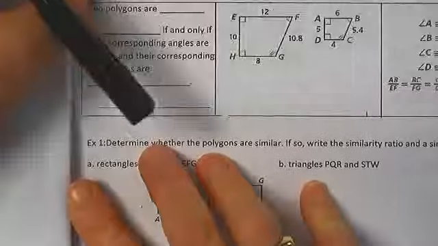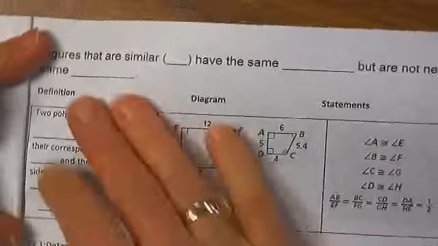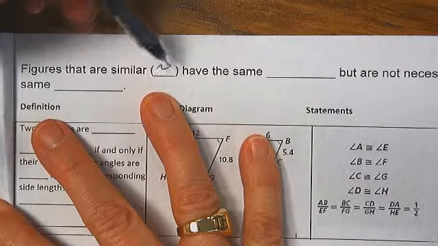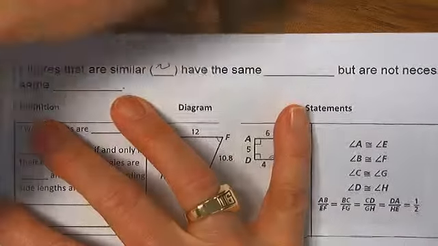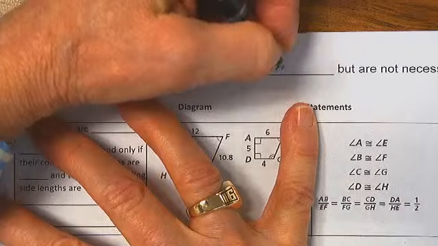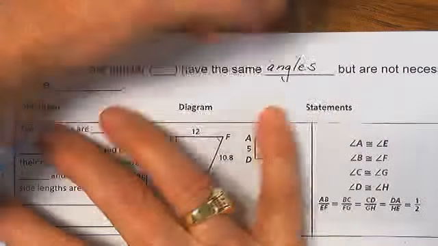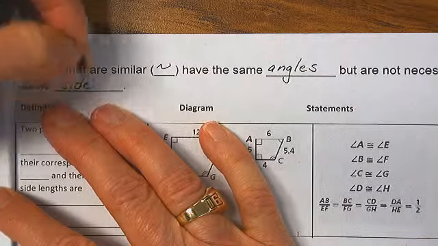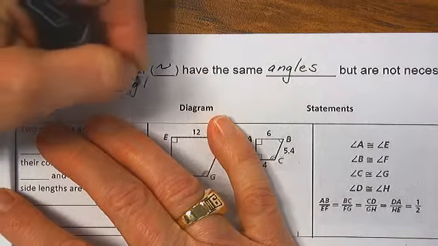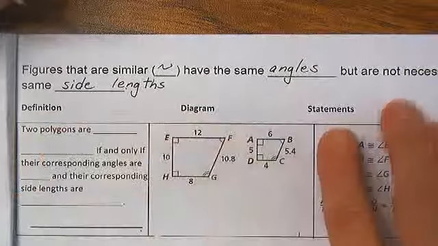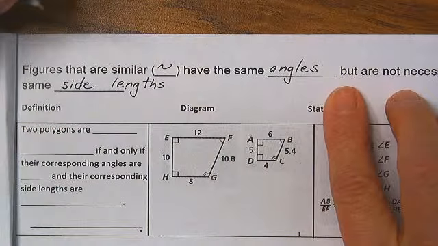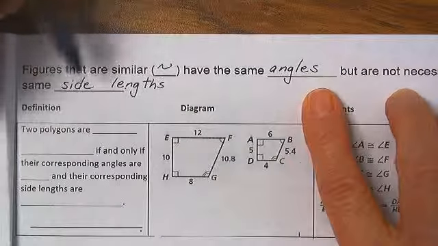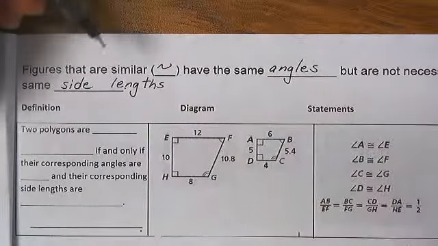Okay, so finally we go on to similar figures and the definition. Figures that are similar, and we write similar with the squiggle, have the same angle measures, but not necessarily the same side lengths. When we had congruent triangles, for example, we had same angles and same sides.